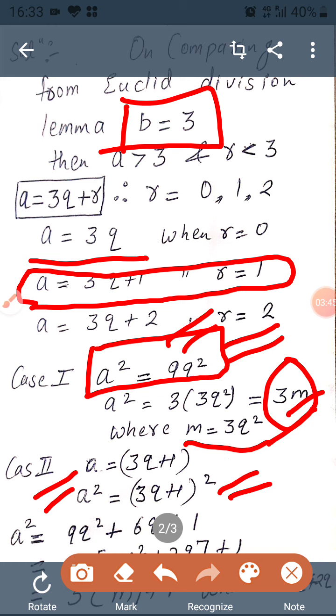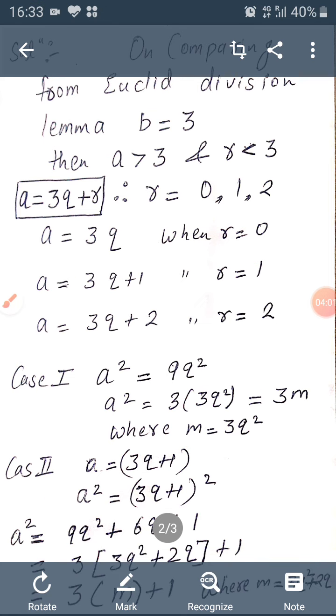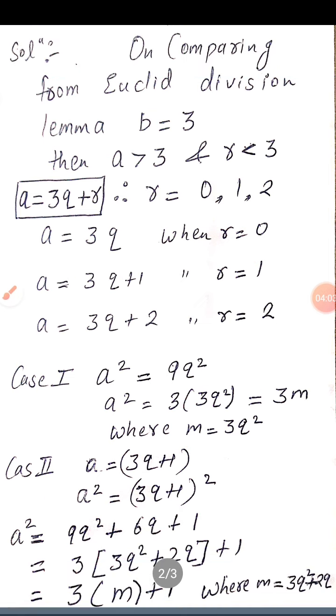So we will write a as 3q: 3q square is equal to 9q square, plus 2 into 3 into q, 6q, and plus 1 whole square, which is 1.